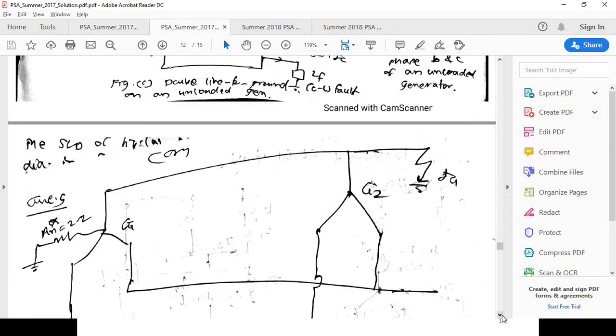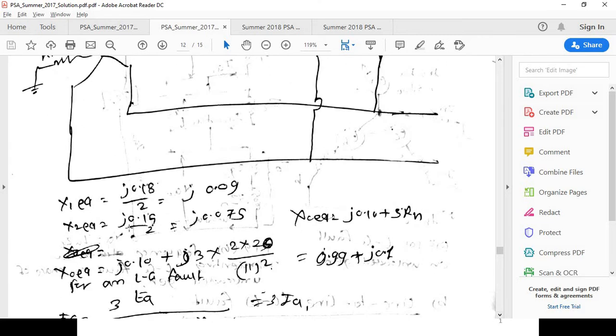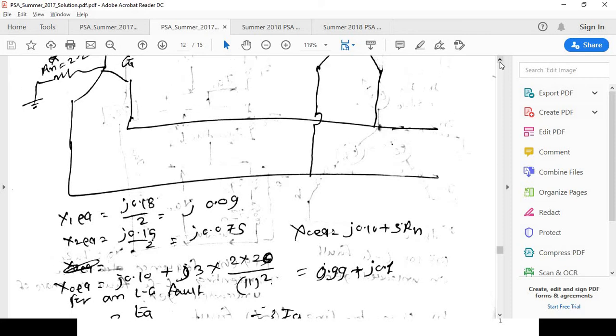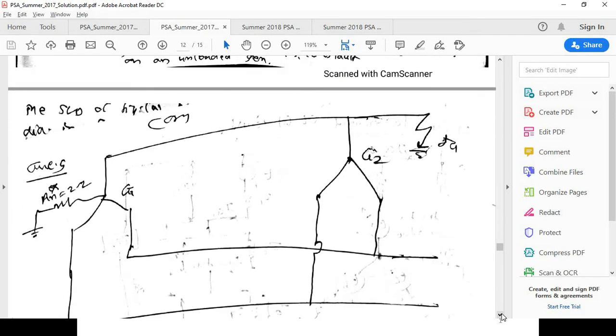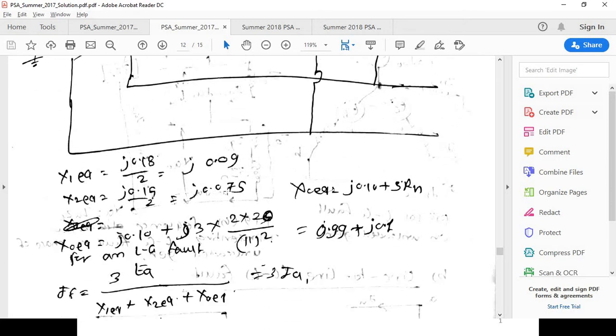This is the given diagram as per the numerical. Now X1 equivalent, that is the reactance of the generator, is j0.18 upon 2, that is j0.09, because both generators are connected in parallel, and X2 equivalent, that is negative sequence reactance, j0.15 upon 2, that is j0.075, and X0 equivalent is equal to j0.10 plus 3Rn.